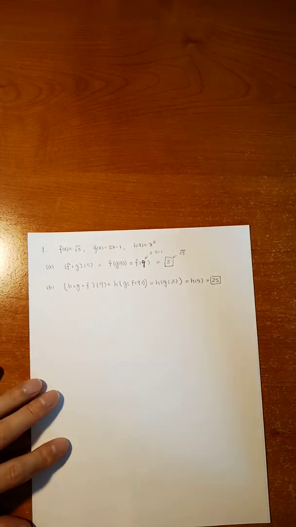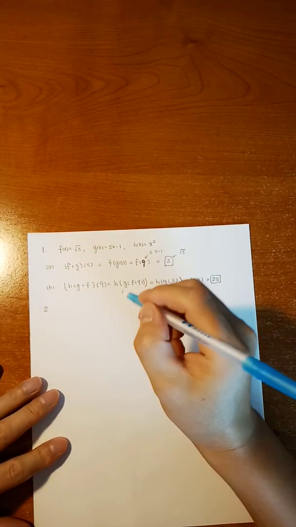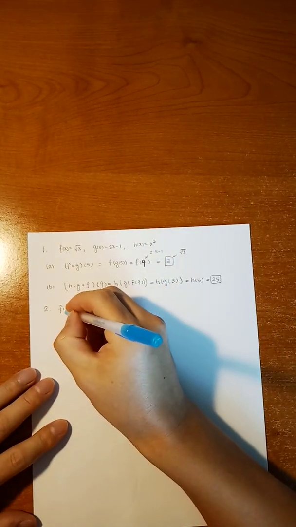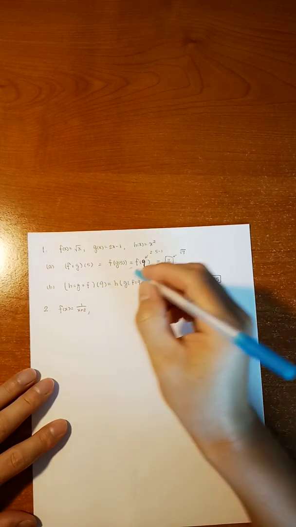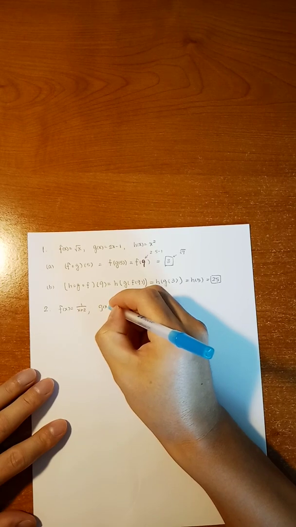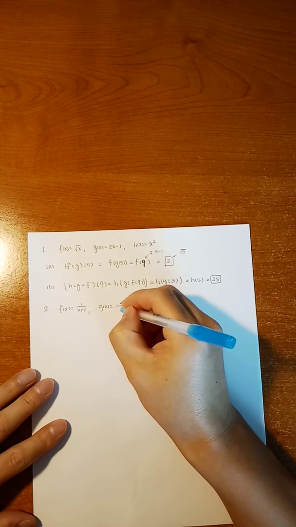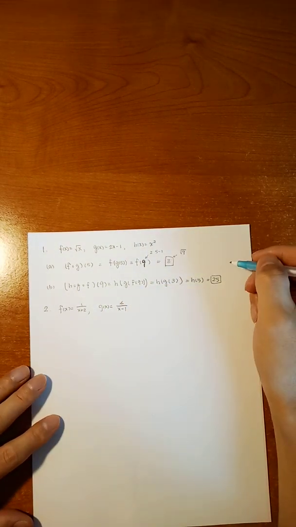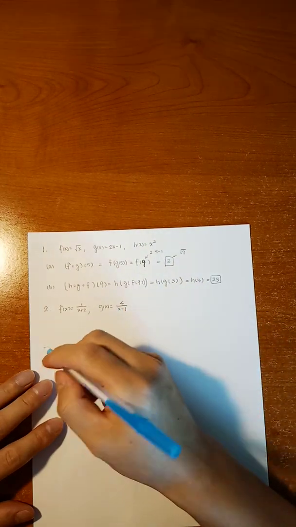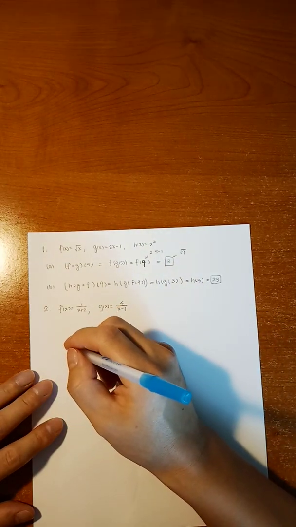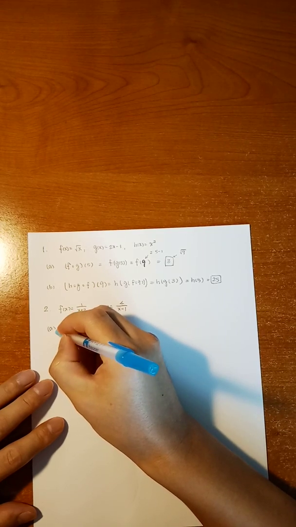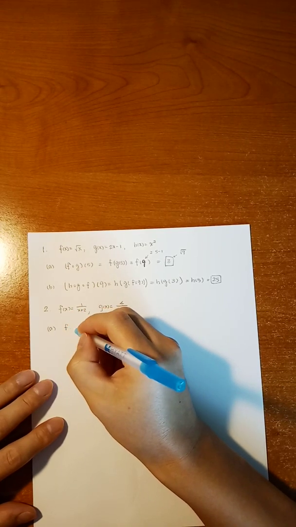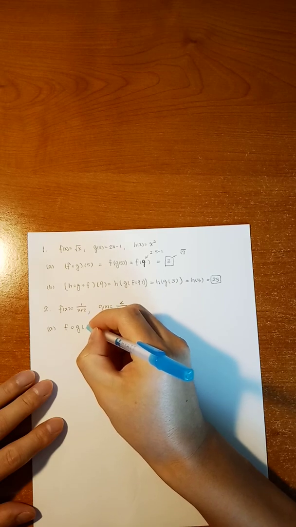Okay. And second, we have f of x equal to 1 over x plus 2, g of x equal to 4 over x minus 1. Then we're going to find the composition of a function. So a, f compose g.